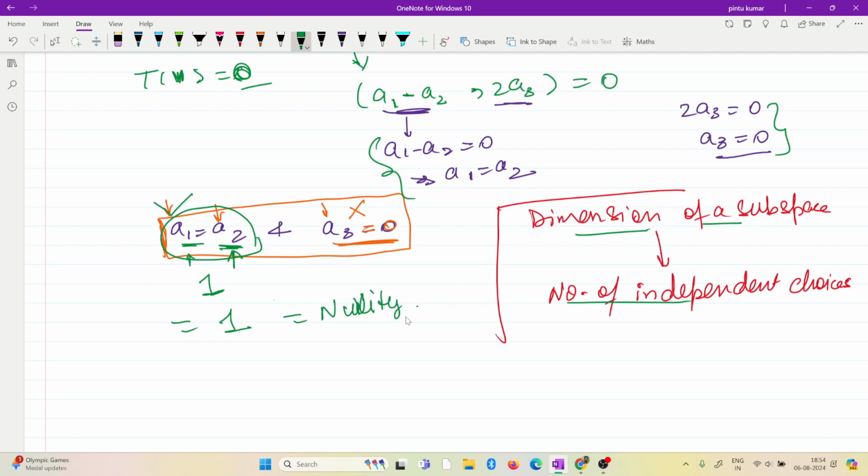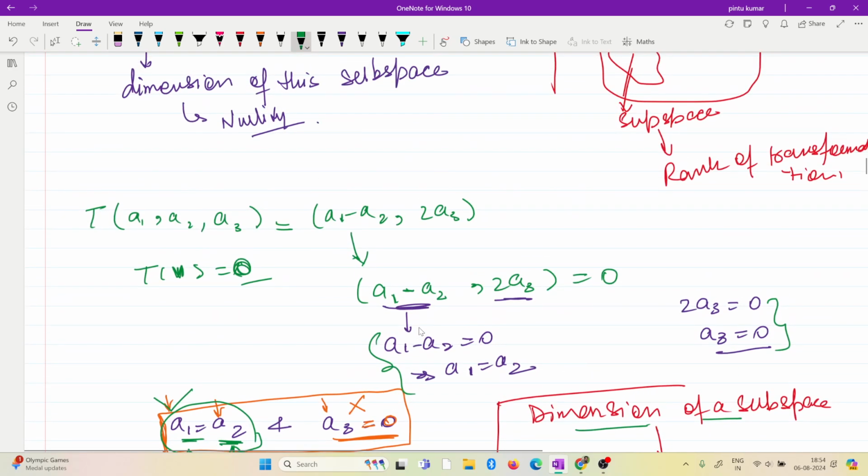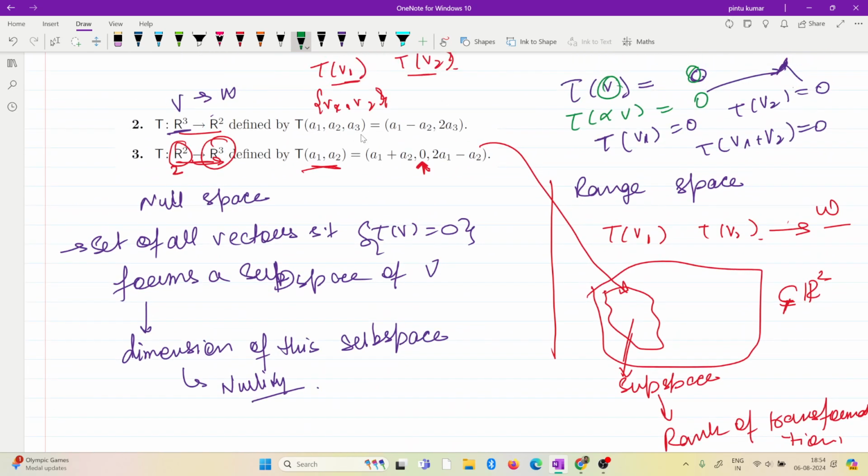I'll probably do one more example on this dimension of subspace. Before that, we can look at the range space.